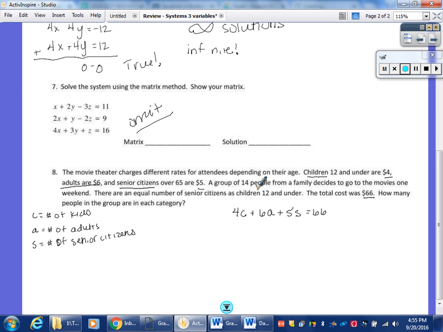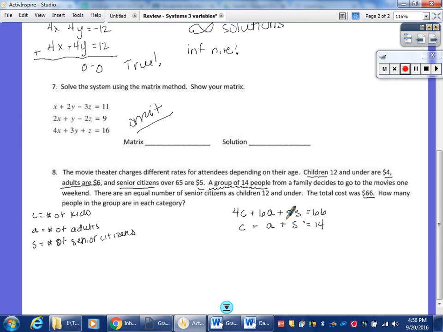They said a group of 14 people from a family decides to go to the movies. So a group of 14 people, that's our second relationship. We know that the number of children plus the number of adults plus the number of senior citizens is 14.